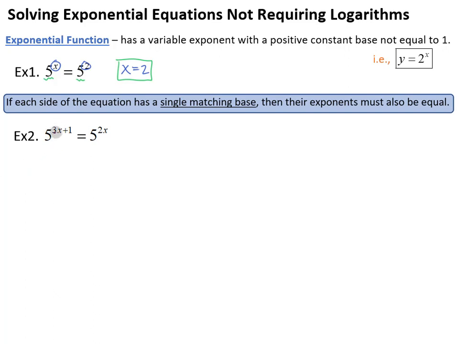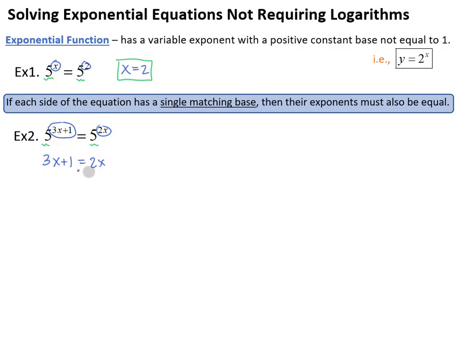Now I have 5 to the 3x plus 1 equals 5 to the 2x. Once again, I have one single matching base on each side, and 5 to the something equals 5 to the something. What's got to be true is these somethings, 3x plus 1, has to be equal to 2x. Those exponents have to be equal for these expressions to be equal.